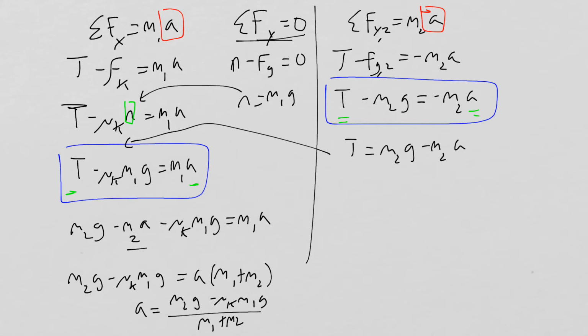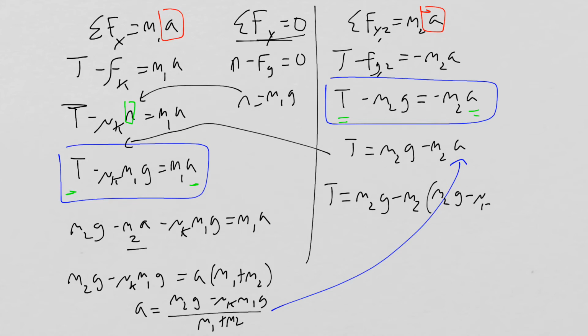Once you get part C, then part D is really simple. We just take this and plug it right back in for the acceleration. So T equals m2g minus m2 times m2g minus mu k m1g all over m1 plus m2.